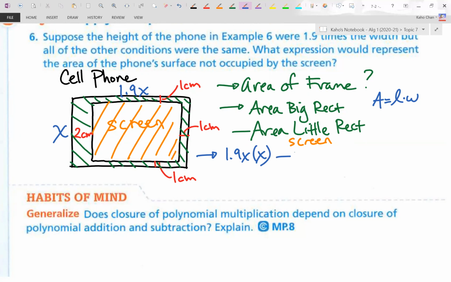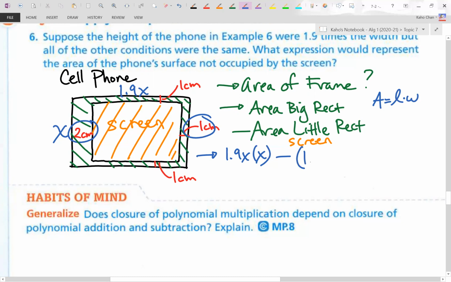So length, in this case, for the screen is 1.9x minus these individual lengths right there, 2 and 1. You guys get that? So this is going to be 1.9x minus 3, because 3 is 2 plus 1 centimeters. Okay, that's your first part right there. Times, let's go the other way, x minus, and we got in this case 1 and 1, that's 2.